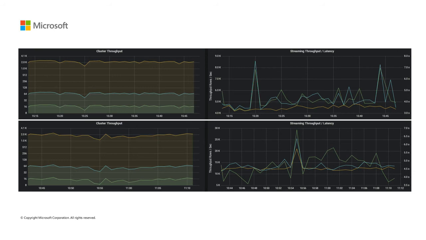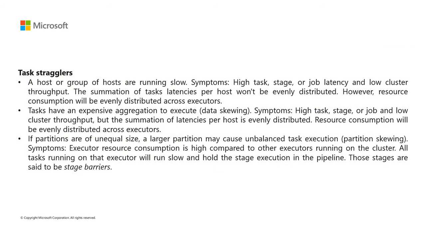Now, I love to bring this attention back to you. We noticed that the tasks that we're running within these stages in this host were struggling, and we started to identify that whenever a group of hosts are running slow, the symptoms are high task, stage, or job latency and low cluster throughput.